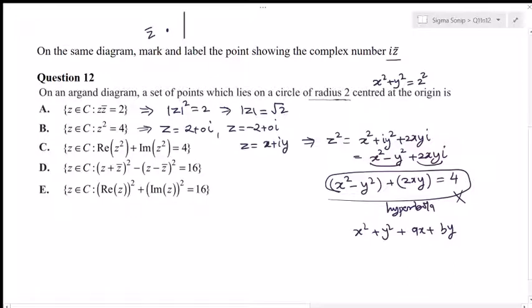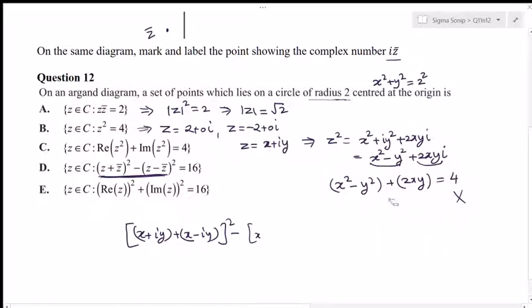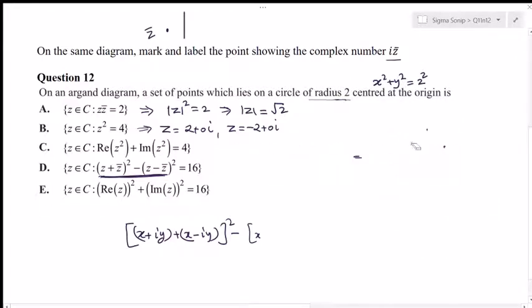If my z equals x plus iota y, this set definition here would give me x plus iota y plus x minus iota y, that's my z plus z bar, squared.